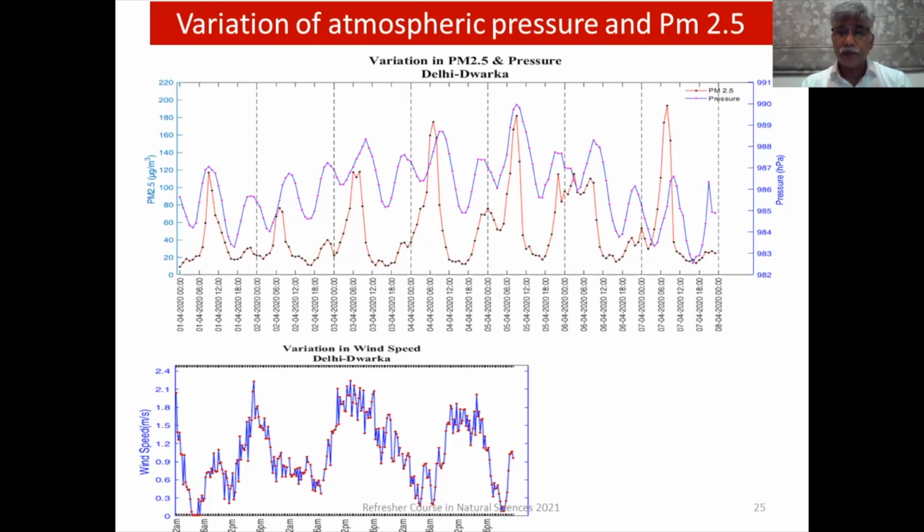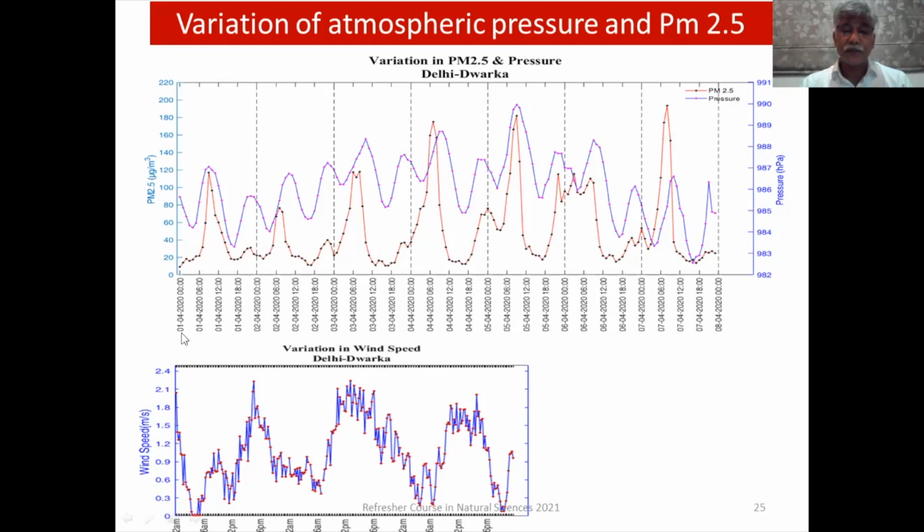From this top panel, on the right side, you can see the scale of the atmospheric pressure, starting from 982 to 991, a change of less than 10 millibar. Hectopascal or millibar is the same thing.